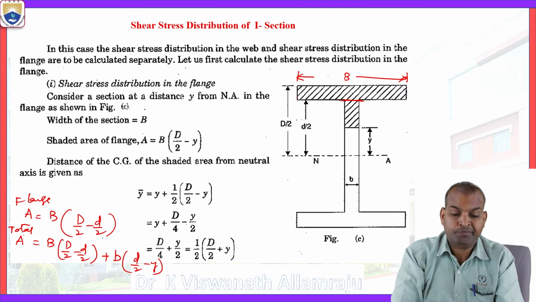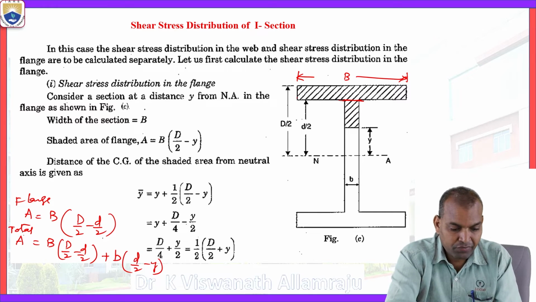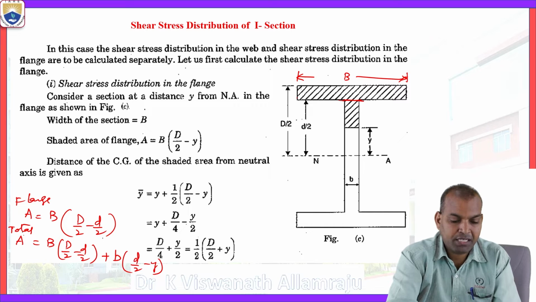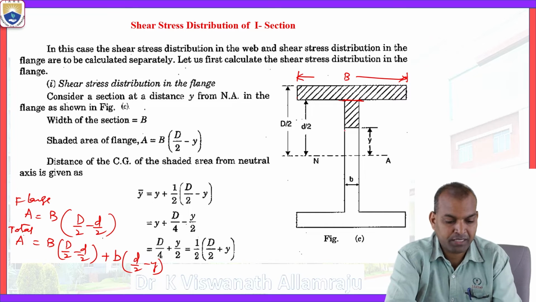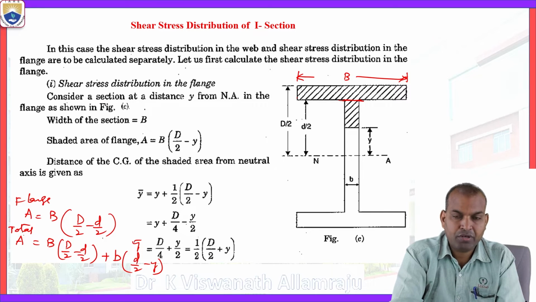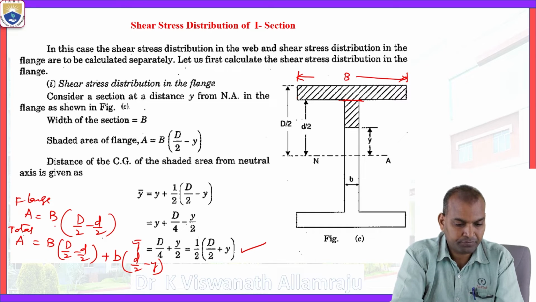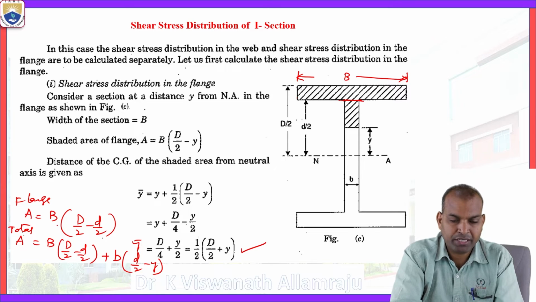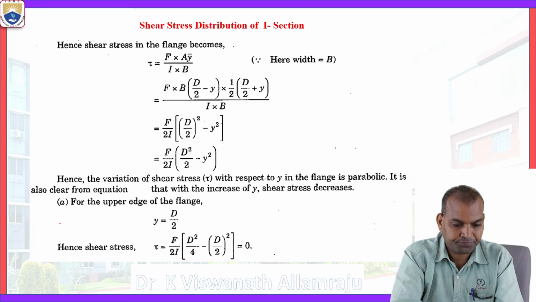This is the total. Next, what is y bar? Y bar equals y plus half of (D by 2 minus y), so y bar comes to half of (D by 2 plus y). Now we found the shaded area and y bar from the centroid, that is from the neutral axis.